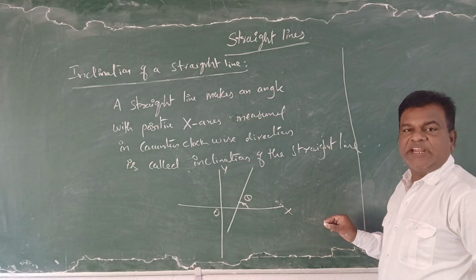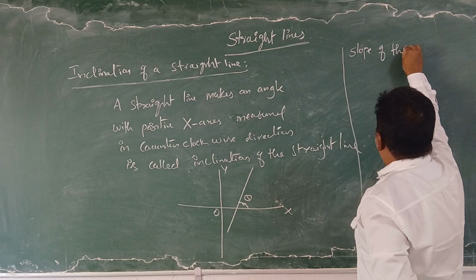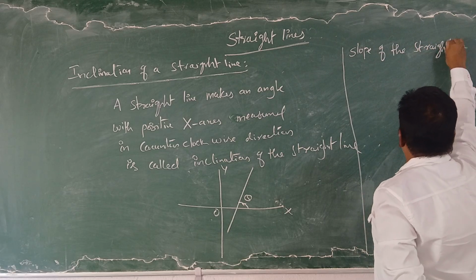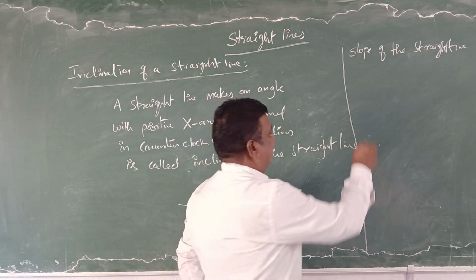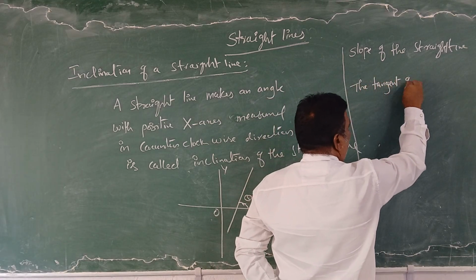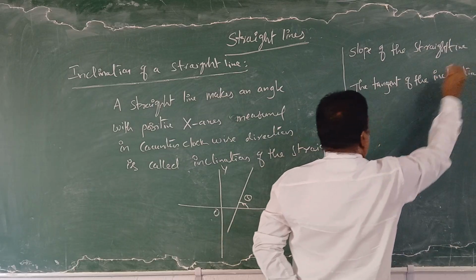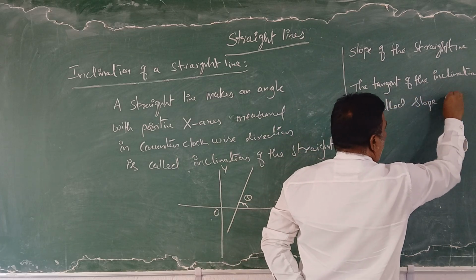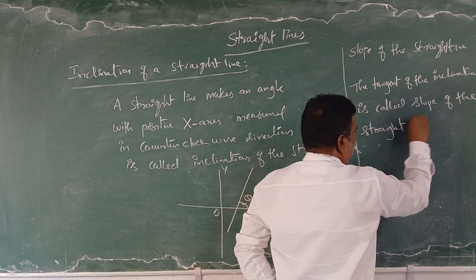That is slope of the straight line. The tangent of the inclination is called the slope of the straight line.